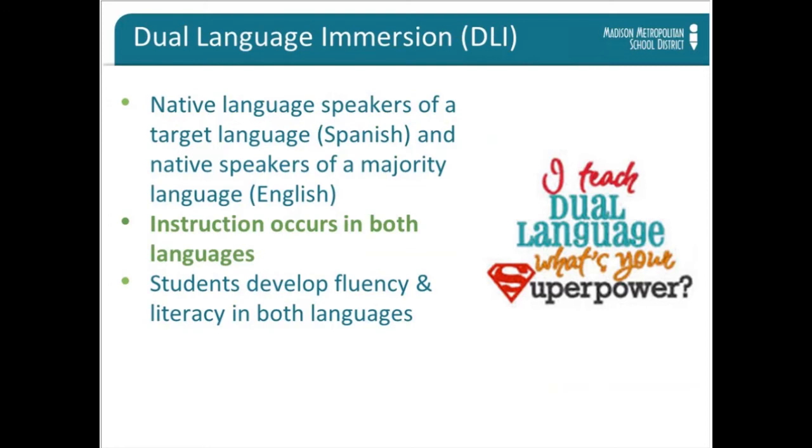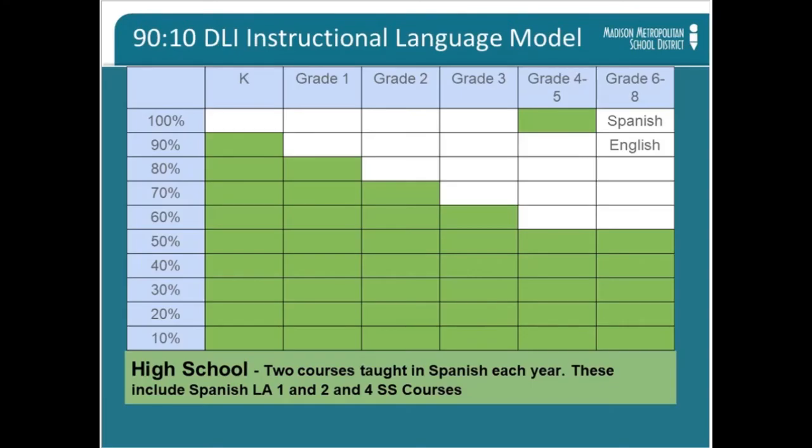And then our dual language immersion program brings together students who are native language speakers in a target language, in Spanish, as well as students whose home language is English, and the instruction occurs in both languages from the beginning. We do have in our district two different models of dual language immersion.